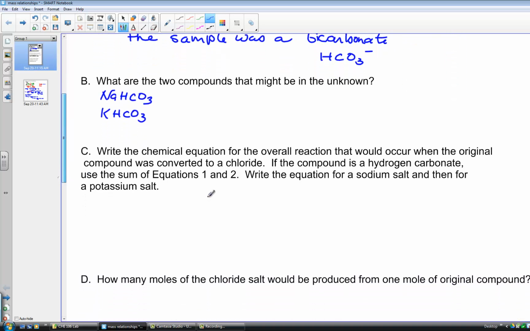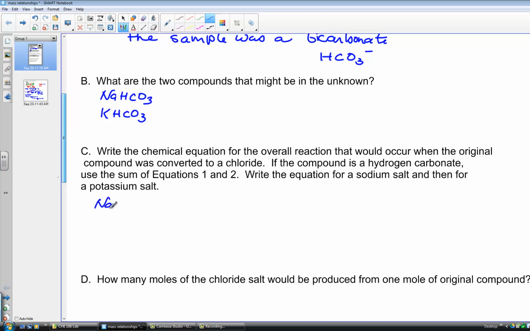Write the chemical equation for the overall reaction that would occur when the original compound was converted to a chloride. Our compound is indeed a hydrogen carbonate, so we have to use 2 equations. If in your lab you determined to start with a carbonate, you would only have 1 equation. We're going to write this for the sodium salt and then for the potassium salt.